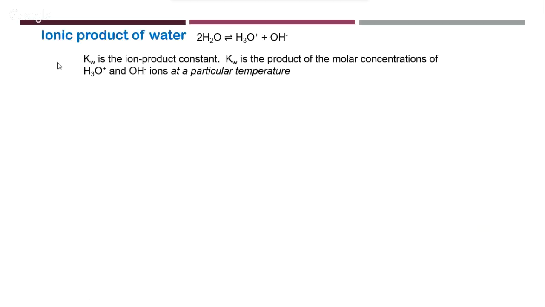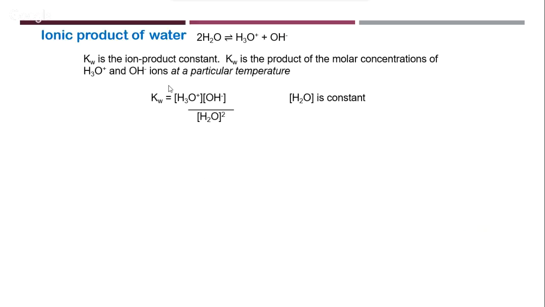In the ionic product, we basically take the product of H plus and OH minus. Generally, it's taken at a particular temperature. The common value is taken at 25 degrees Celsius, which is our room temperature, or 298 Kelvin. If you look at this equilibrium where water dissociates, it can be written as H plus into OH minus divided by H2O square.